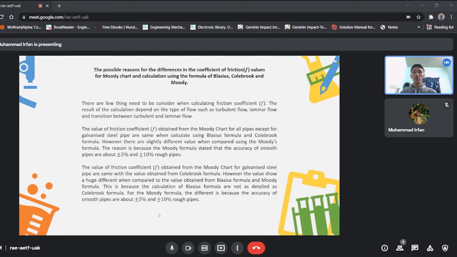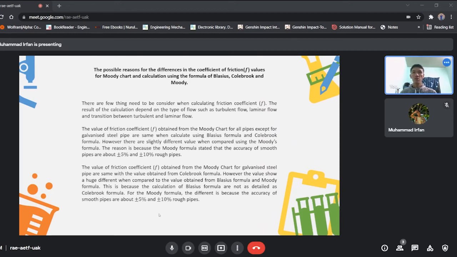The value of friction coefficient obtained from the Moody chart for all pipes except the galvanized steel pipe is the same as when calculating using the Blasius formula and Colebrook formula. However, there are slightly different values when compared using the Moody formula.